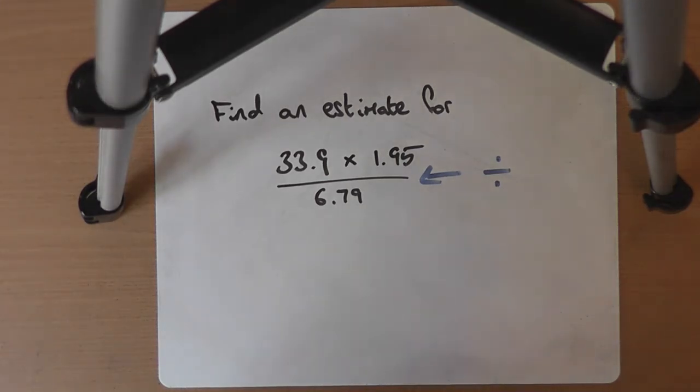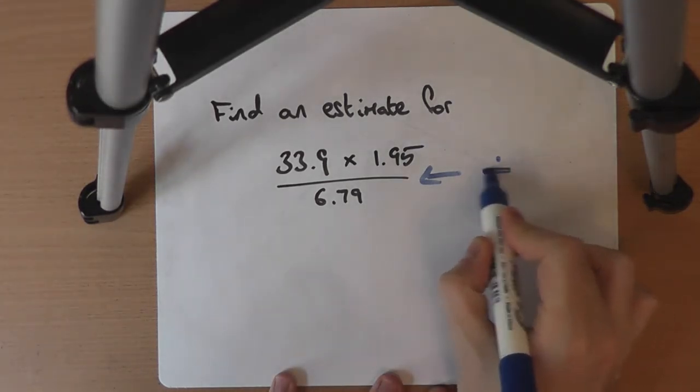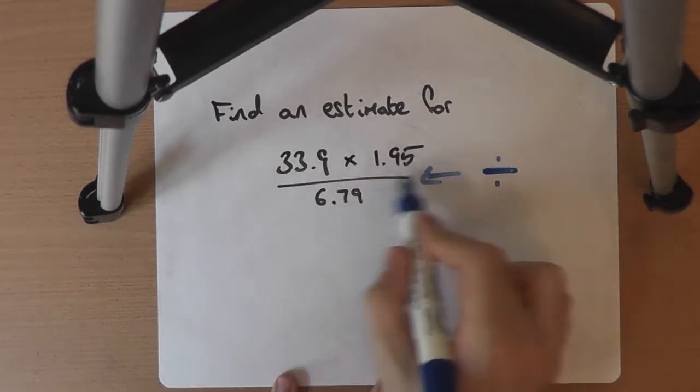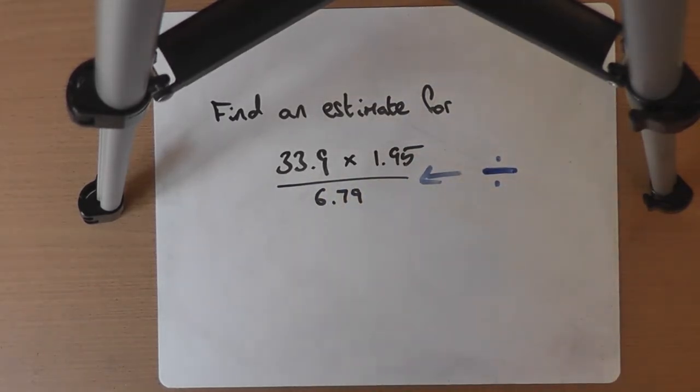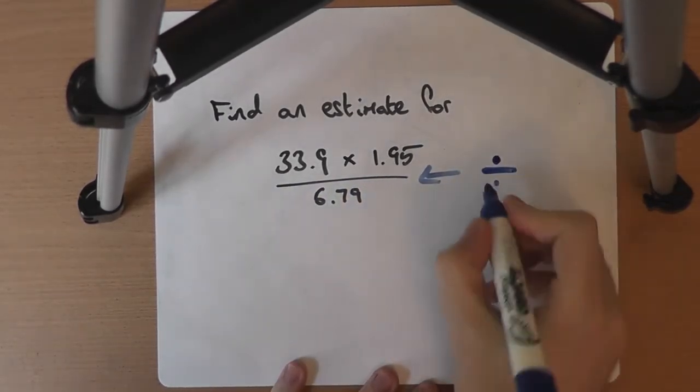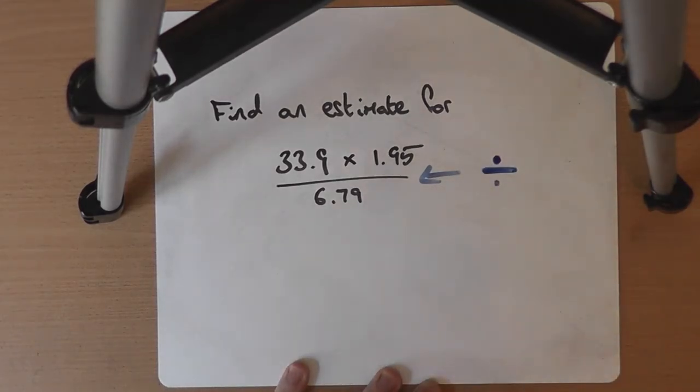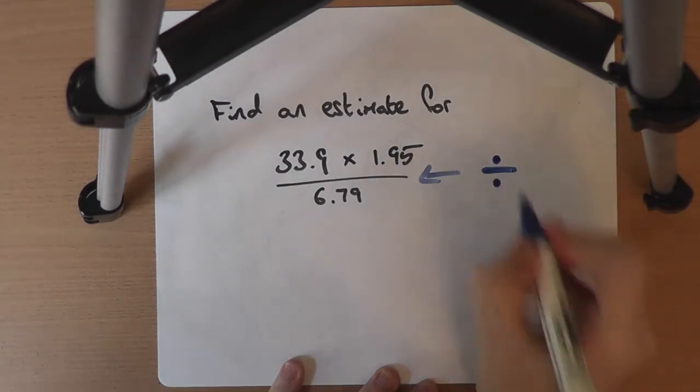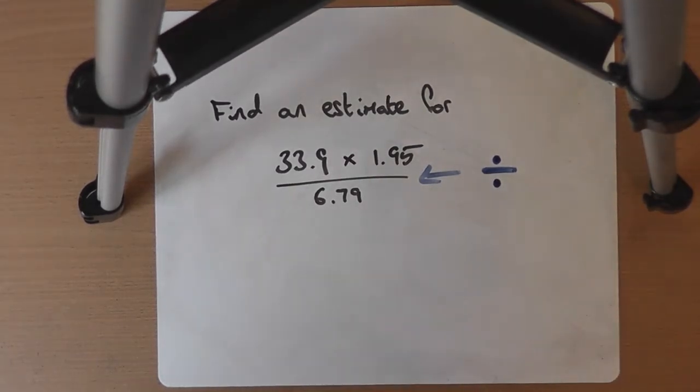In fact, there is a certain logic to this symbol. If this line in the middle is the divide line, there would be a number on the top. We could use a dot as a placeholder to show that a number would go there, and there would be a number on the bottom, and we put a dot there as a placeholder.